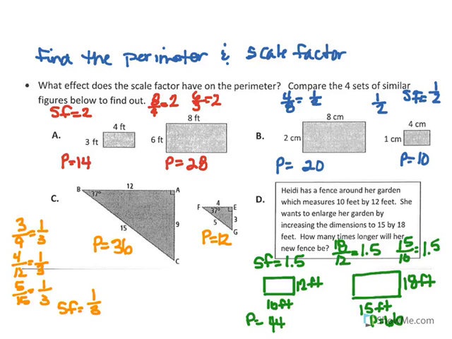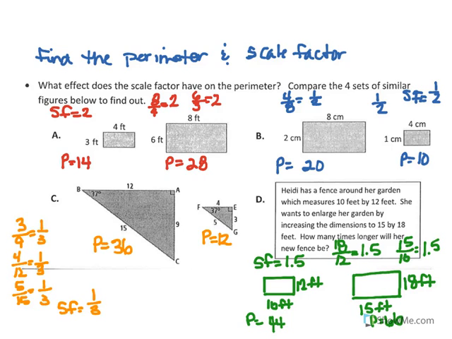Okay, so hopefully you have found the scale factor and you found the perimeter for each. So looking at A, you should have a perimeter of 14 for the first one and 28 for the second. B, you should have a perimeter of 20 for the first and 10 for the second.